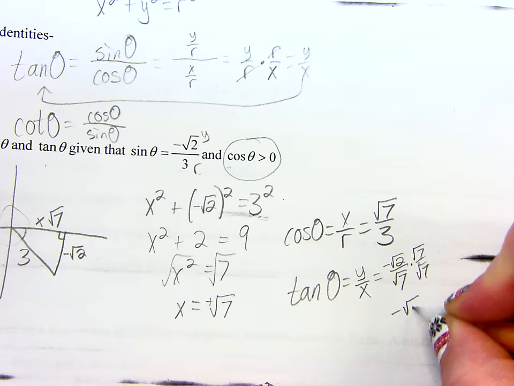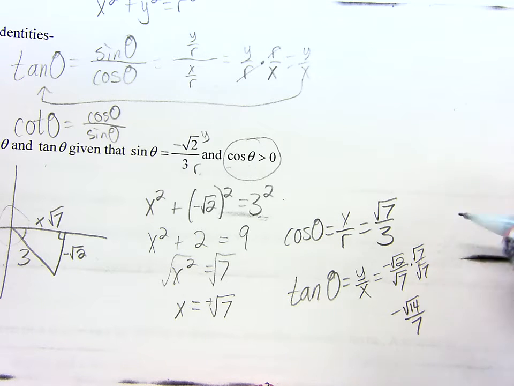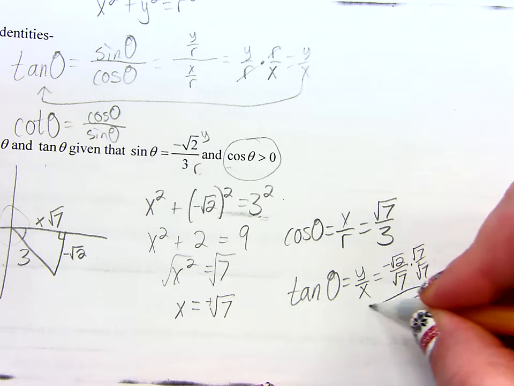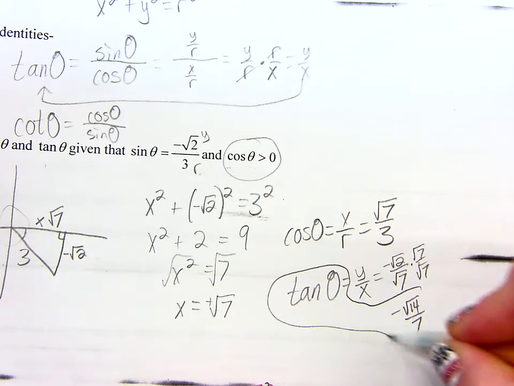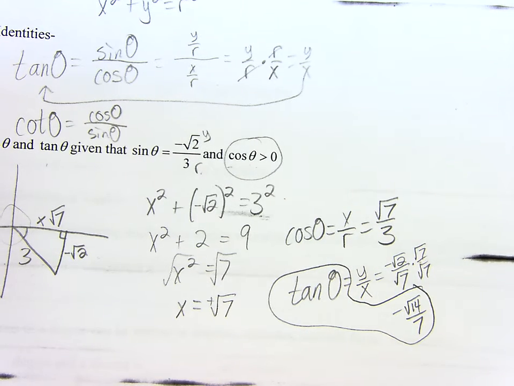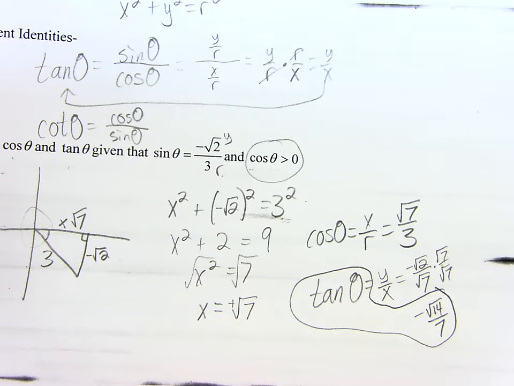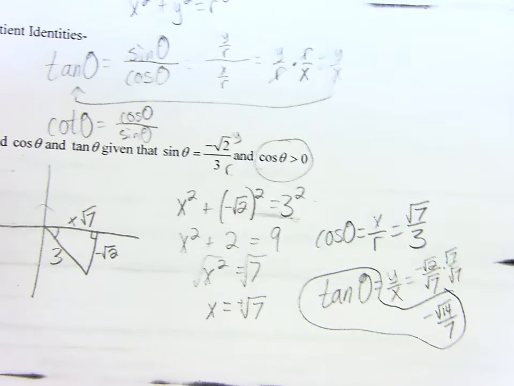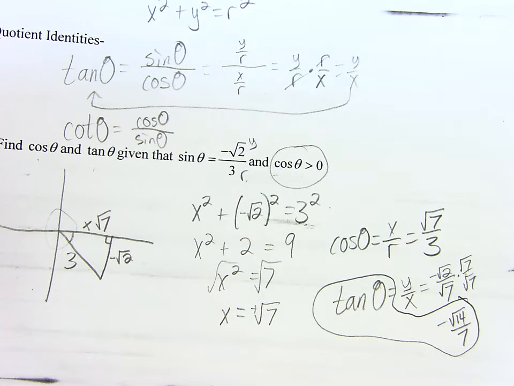So I get a negative root 14 over 7 for my tangent. And that's it. So is that so bad? You just got to think about it and make sure that you're in the right quadrant.